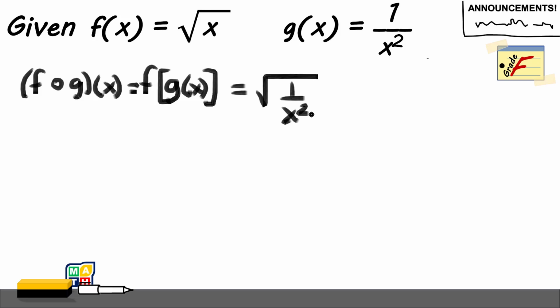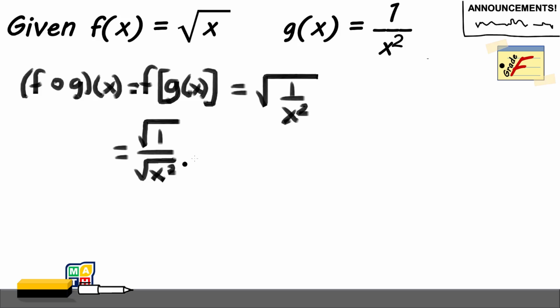Now that we have this, we further simplify it. How? Take note that when we simplify any fraction as a radicand in our radical expression, we may distribute the radical expression to the numerator and to the denominator. Okay, this is the quotient rule or the division law for our radical expressions.